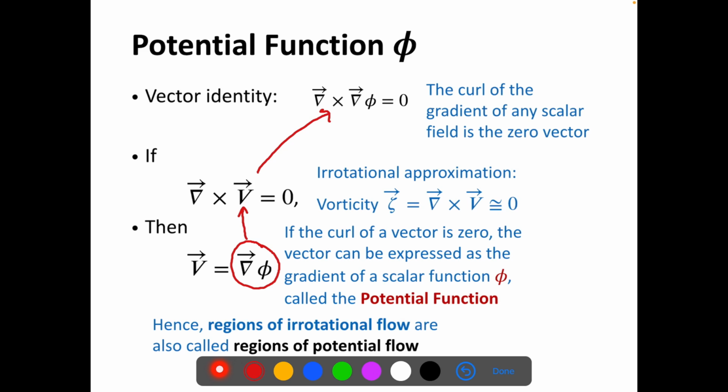So we can say that regions of irrotational flow are also regions of potential flow. If there is potential flow, that means it is irrotational.